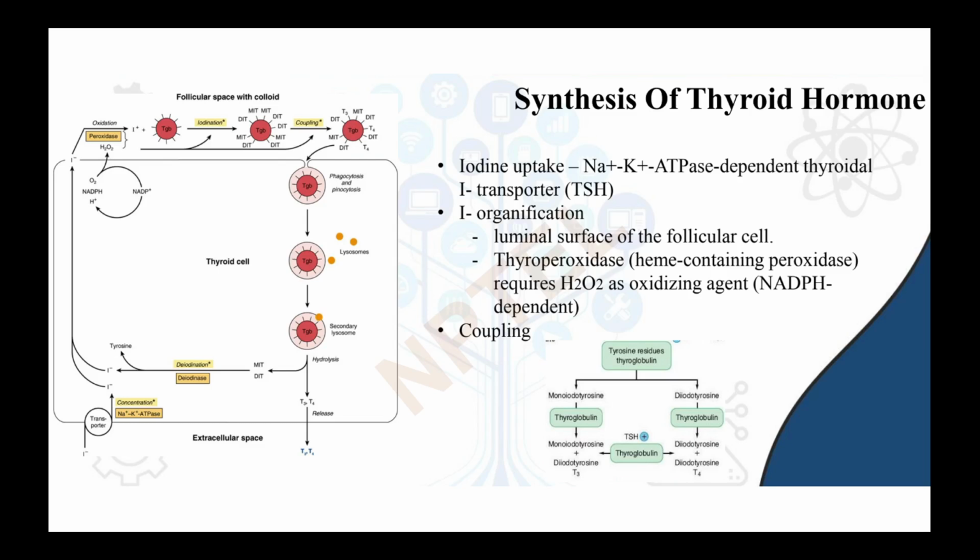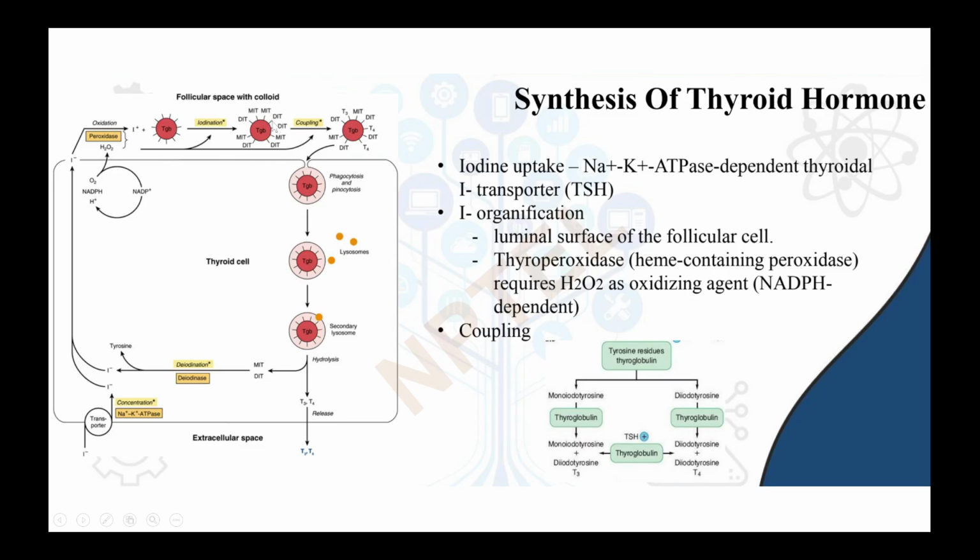These transporters transport the iodine from the extracellular space inside the thyroid cell, and then the iodine is taken to the luminal surface of the follicular space, where iodine organification occurs. Iodine is oxidized and attached, and then iodination starts, where monoiodotyrosine and diiodotyrosine form. So you can see MIT and DIT are written.